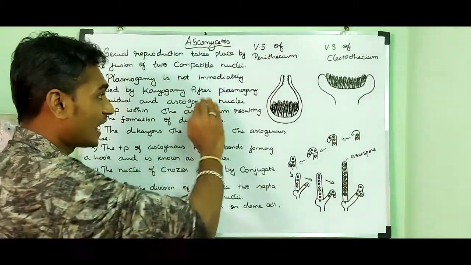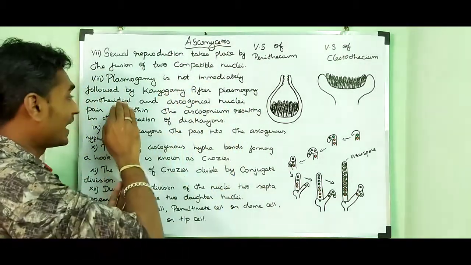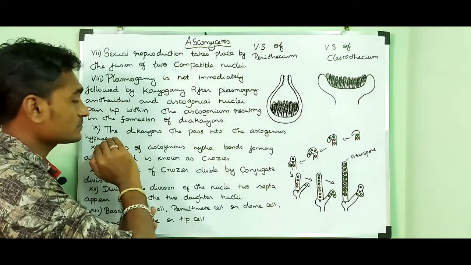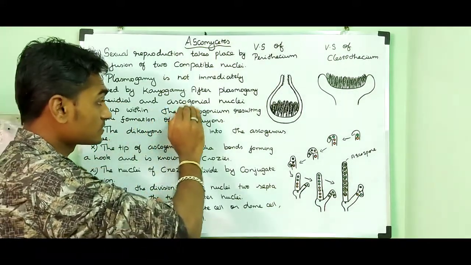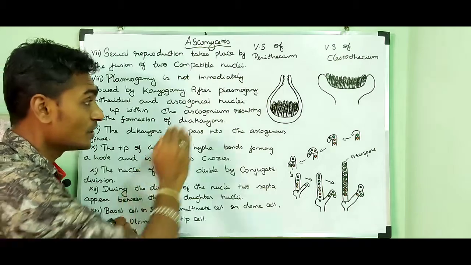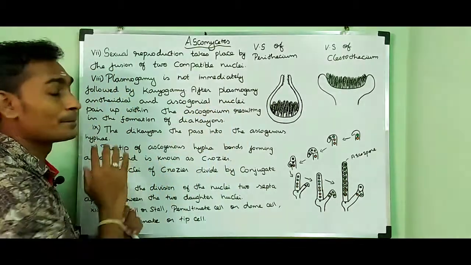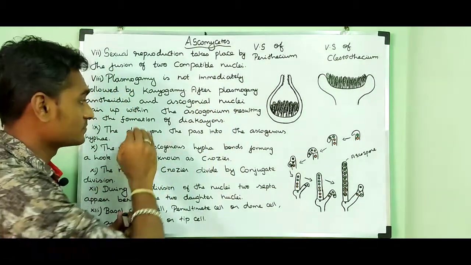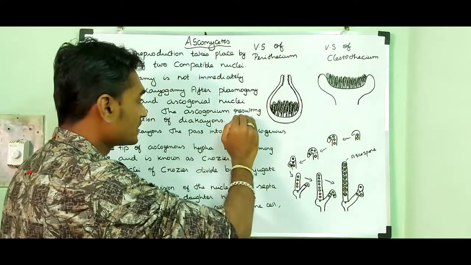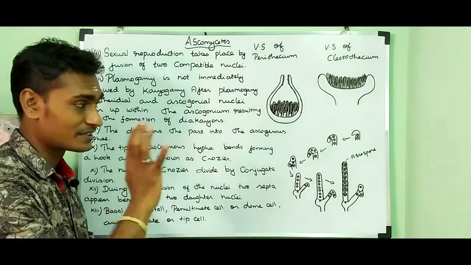That is why after plasmogamy, the antheridial nuclei, from the male sex organ, and the ascogonial nuclei, from the female sex organ, pair up within the ascogonium, resulting in the formation of a dikaryon.